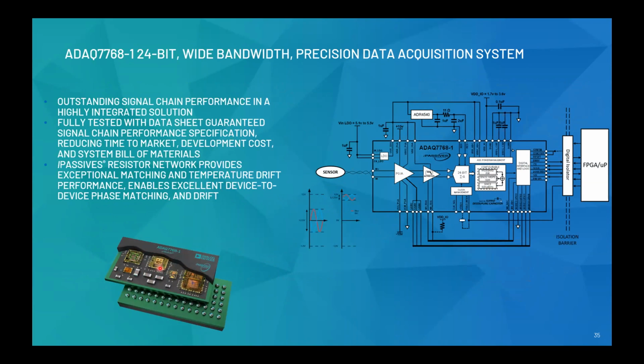It's called the ADAQ7768-1, which is one of the micro modules that we have released recently. As you see over here, there are all these different sections or dies integrated into one single chip with a BGA package. All this signal chain is integrated, and all you need is to wire up the sensor, and all the specifications are guaranteed in the datasheet for this part.